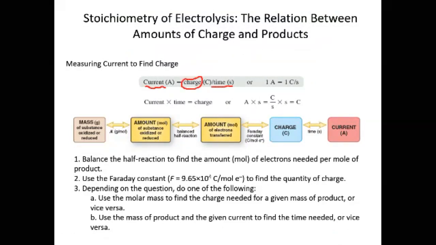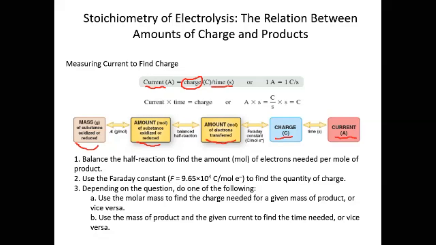Amps is a coulomb per second. So if we know the current, we can find the charge. Once we find the charge, we can use that to find the moles of electrons that were transferred. And then we can find the moles of substance and then the mass of substance.